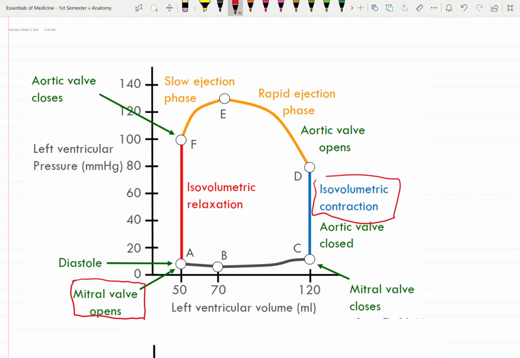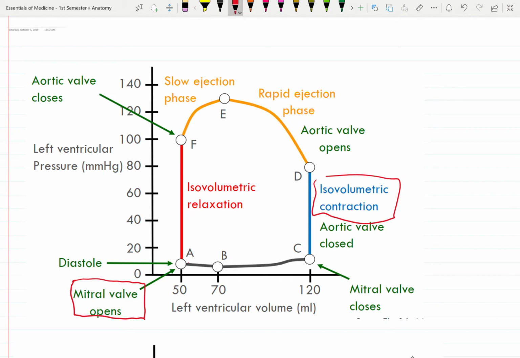Okay, so point E, we'll talk a little bit further in the next slide, but that represents the systolic pressure, the maximal pressure that the left ventricle goes to. And so from E to F, there's a slow ejection as the pressure drops.